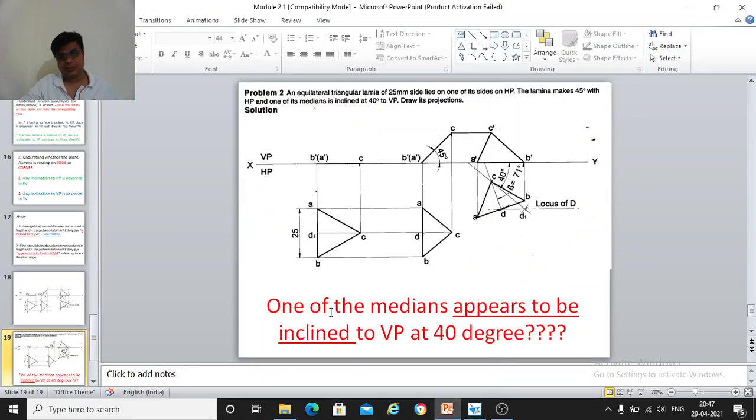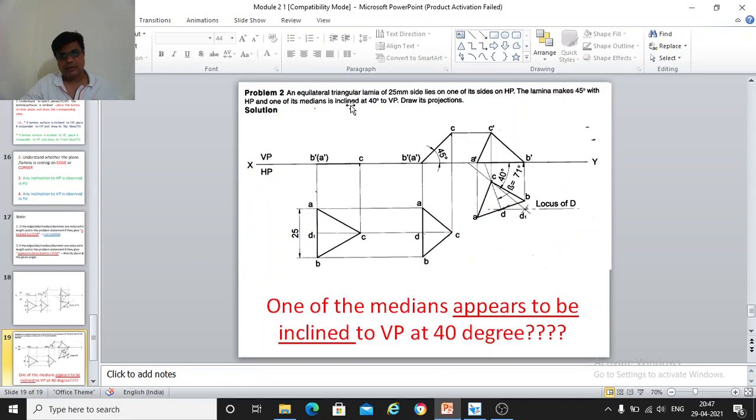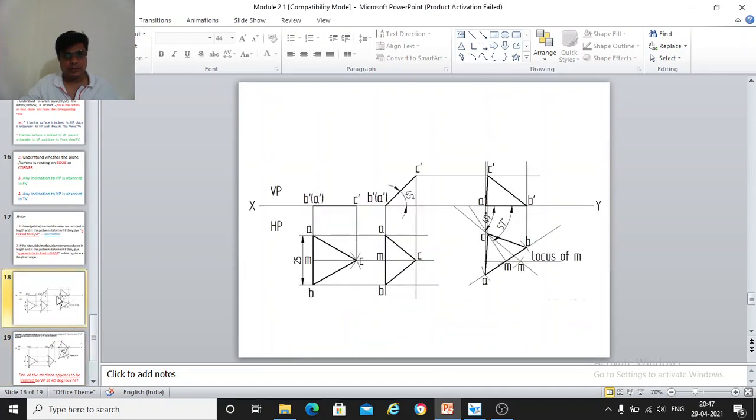So when they say appears to be inclined, then for the solution you directly keep the CM on this 40-degree line. If they say that the median is inclined at 40 degrees to VP, you have to follow the locus method, and that solution is here. We have drawn that.